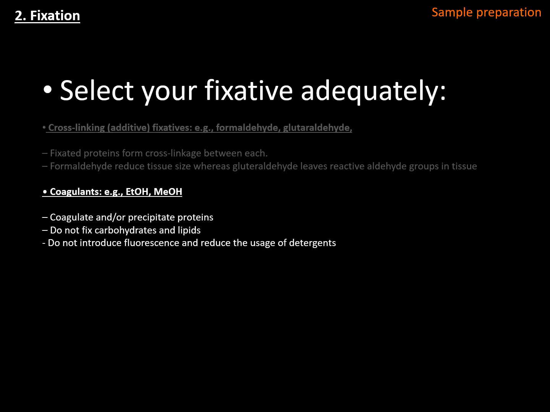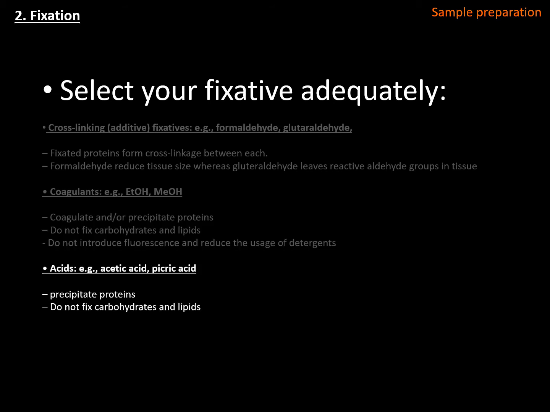They do not fix carbohydrates and lipids, and they have the advantage of not introducing fluorescence and reducing the usage of detergents because they in themselves promote permeabilization of your sample.